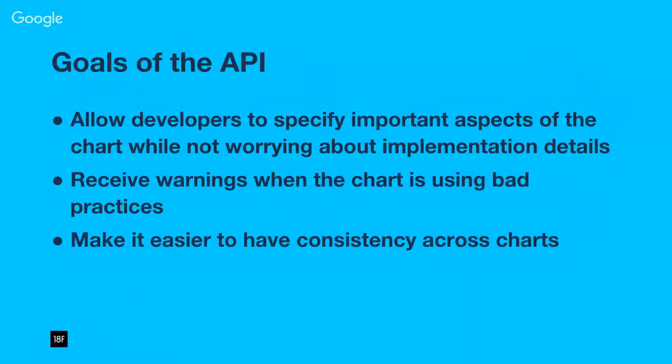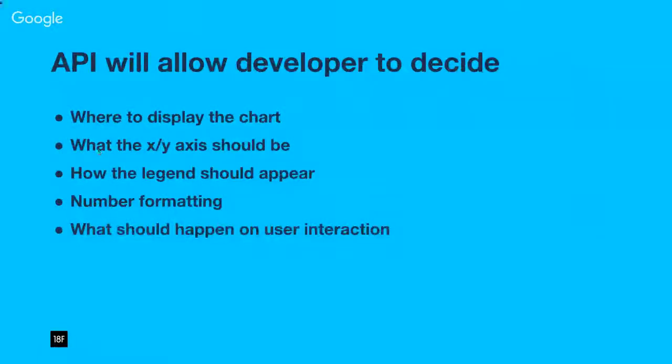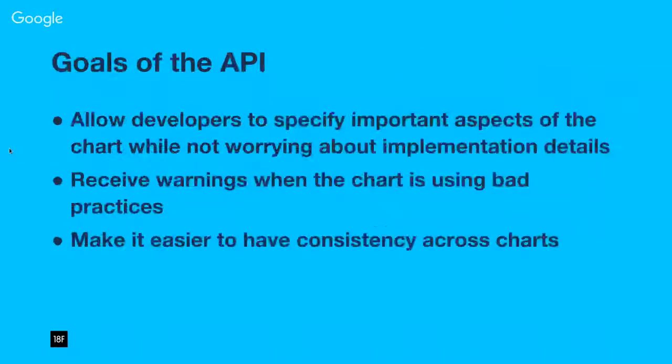Developers would also receive a warning in their browser when they specify a practice that Census doesn't agree with.